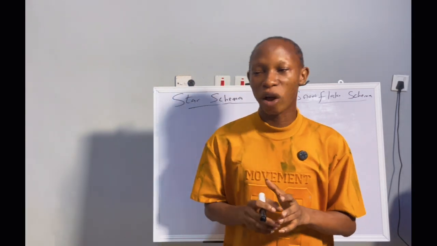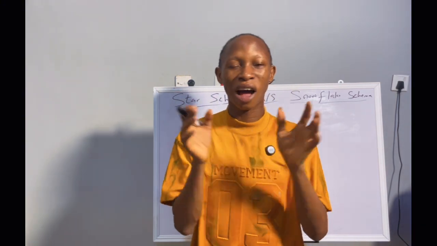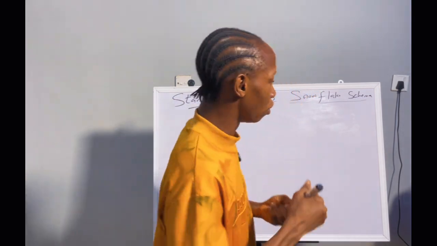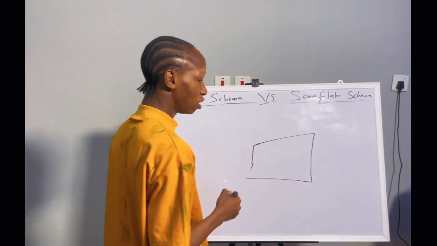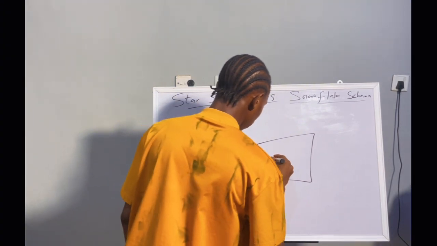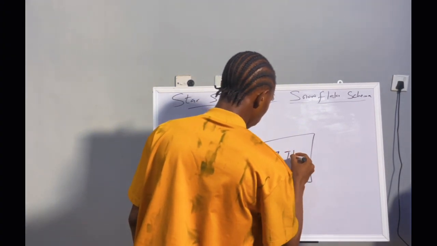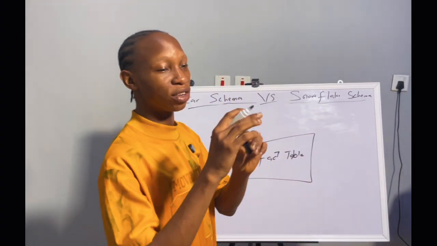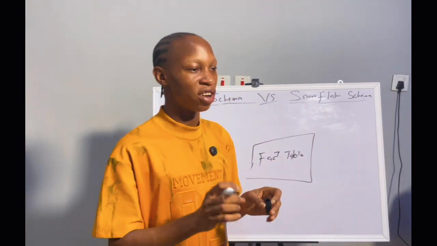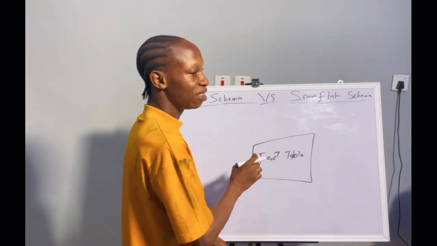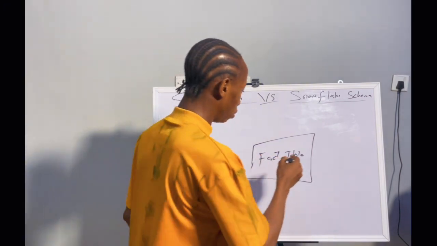Star schema is when you have a fact table at the center and your dimension tables are connected directly to your fact table. What am I trying to explain? You have a fact table here. All your dimension tables, irrespective of the number of dimension tables that you have, are connected directly to your fact table.